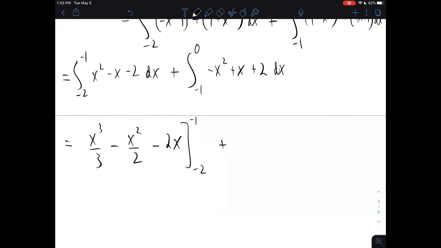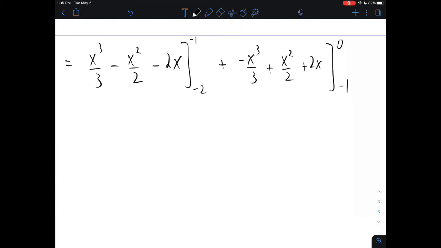And then for the second region, I have negative x cubed over 3 plus x squared over 2 plus 2x. And that will be evaluated at -1 first. And then, I switched that up. 0 first and -1 second.